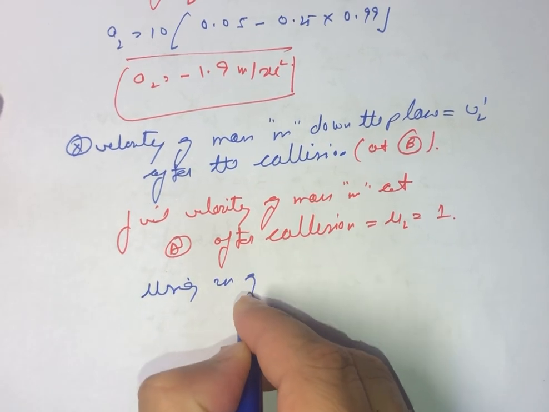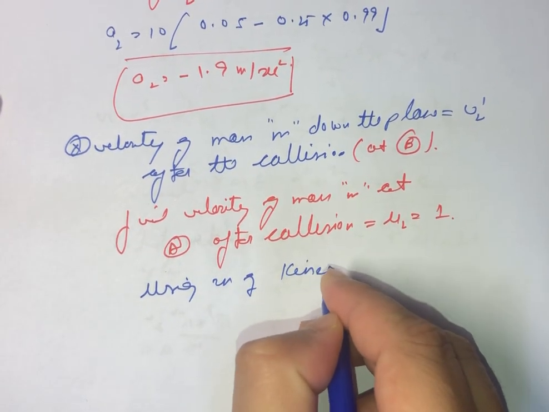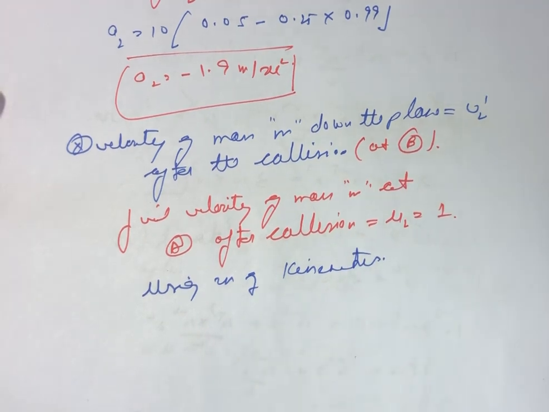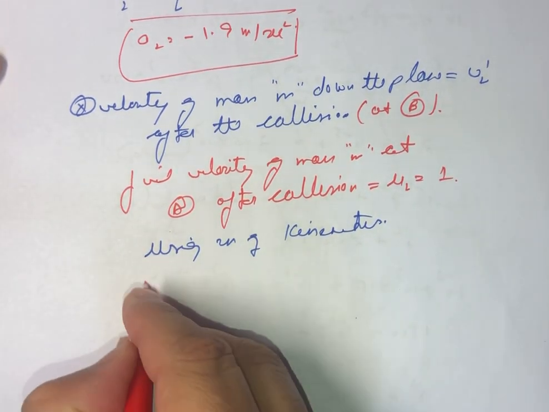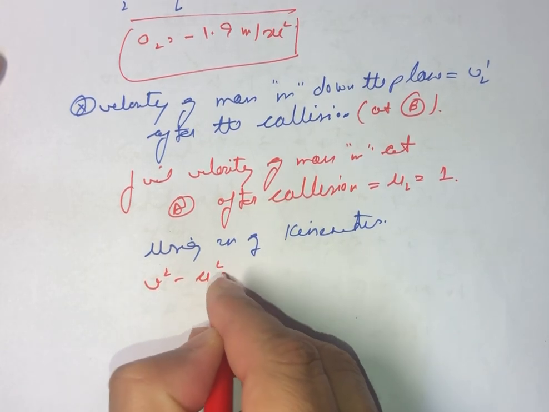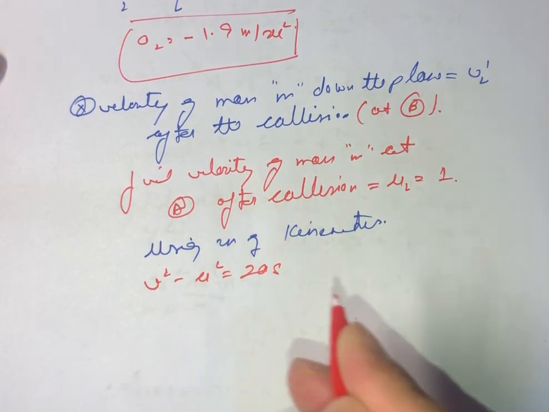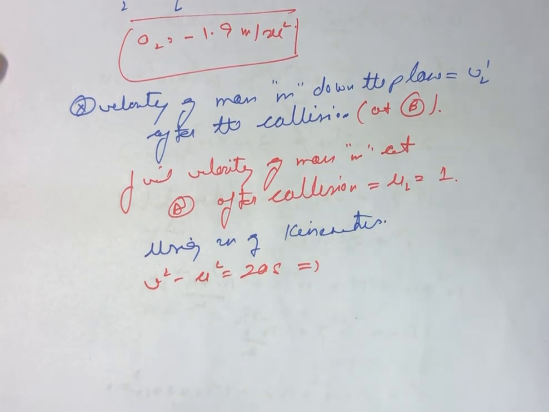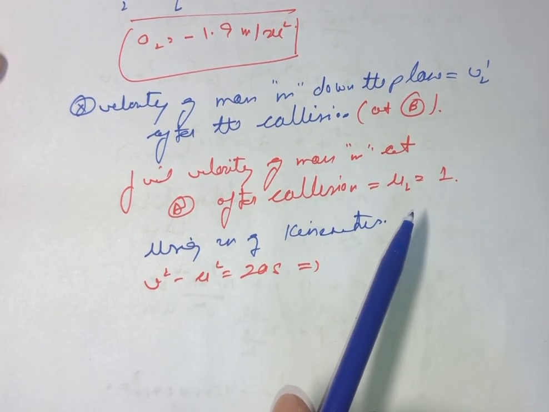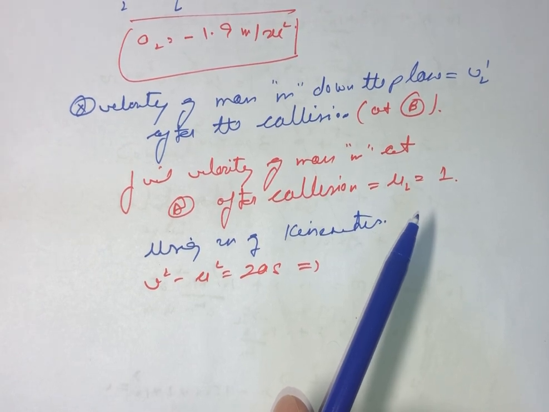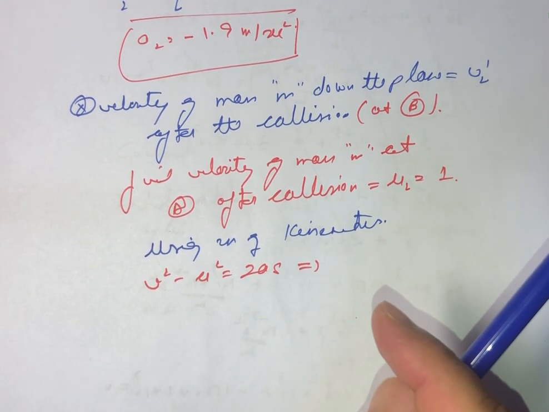Using the equation of kinematics, v square minus u square is equal to 2as. So v is our final velocity, that is given as 1.